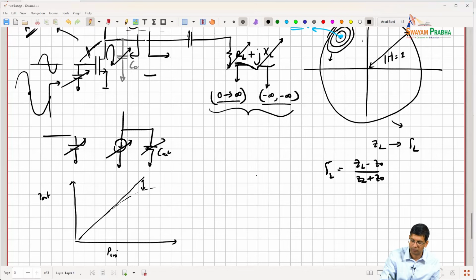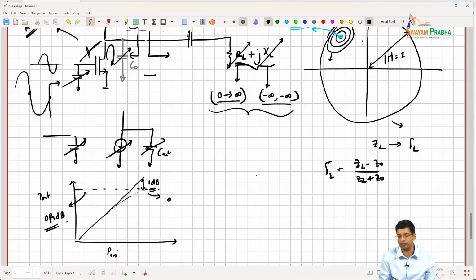And there will be some point where it will be 1 dB below what it's supposed to be, right? And this is a metric that we consider of nonlinearity. So this point over here is what we would call the OP1dB, or output referred 1 dB.